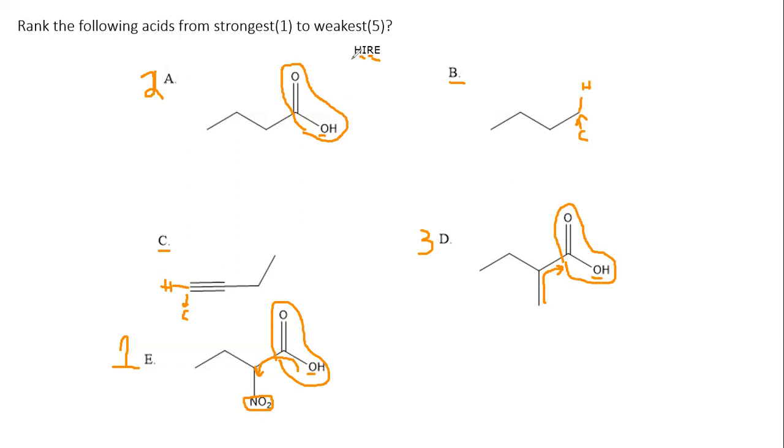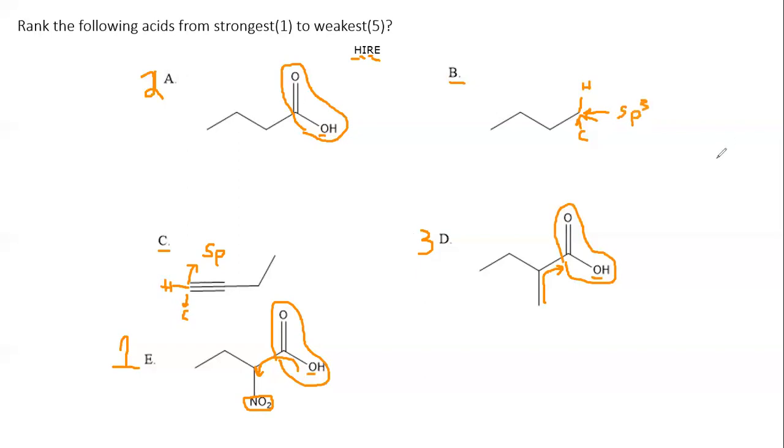So then we get to the hybridization. This is the hybridization of the element attached to the acidic proton. So here, this carbon is sp hybridized. And here, this carbon is sp3 hybridized.